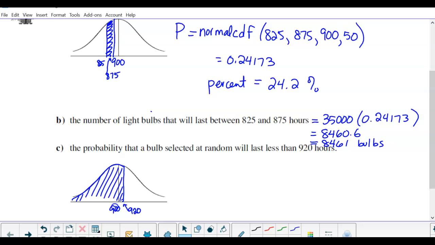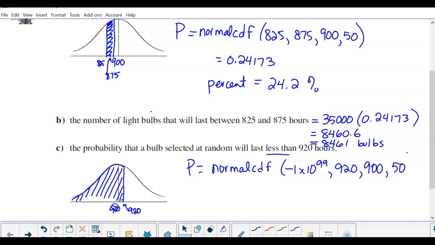So, normal CDF, in this case it's probability. The lower boundary, because this says less than, is negative 1 times 10 to the 99, upper boundary is 920, mean is 900, standard deviation is 8. Enter that into your calculator.